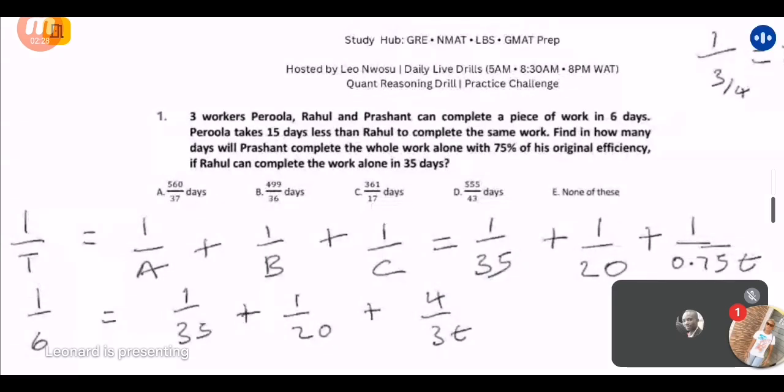The next one is, what is the LCM of 6, 35, 20, and 30? Let's focus on 35, which is the highest number here, and start looking for the multiples of 35 that both 20 and 6 can divide. For the multiples of 35 that 20 can divide, their unit digit is 0.